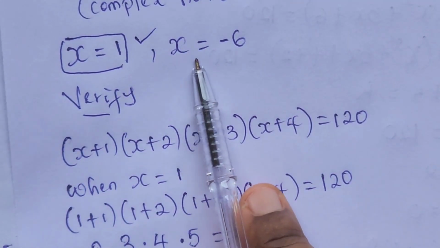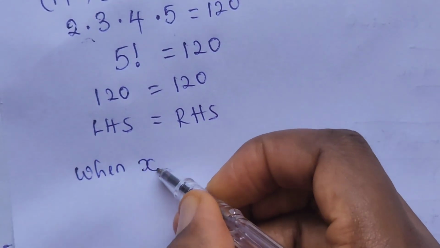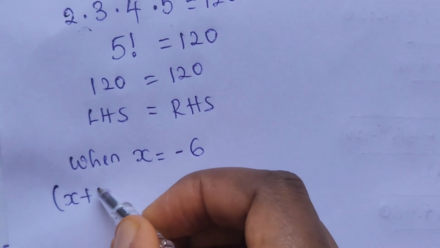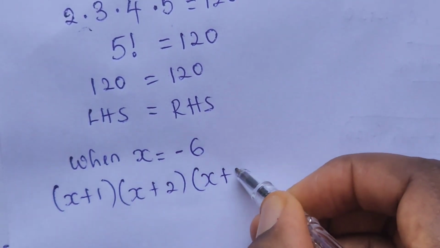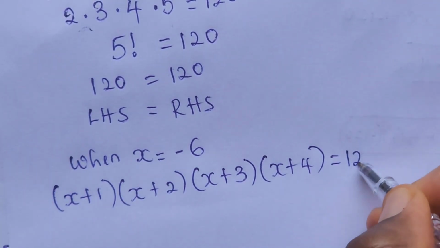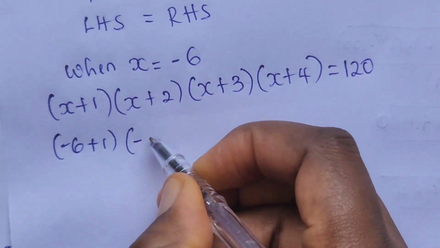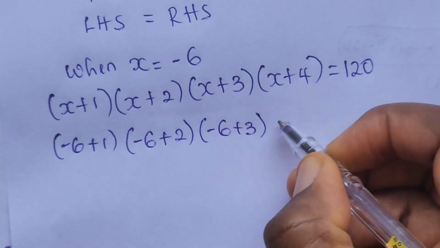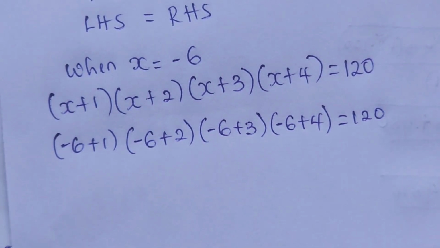So let's check for x equal to minus 6. We have x plus 1, x plus 2, x plus 3, x plus 4, all equal to 120. So we have minus 6 plus 1, minus 6 plus 2, minus 6 plus 3, minus 6 plus 4, all equal to 120.